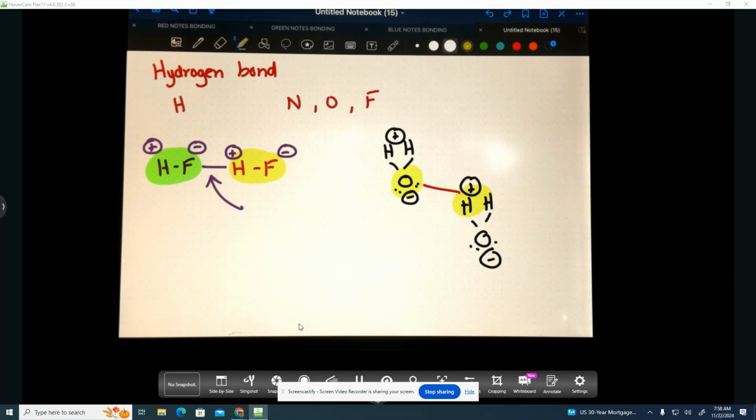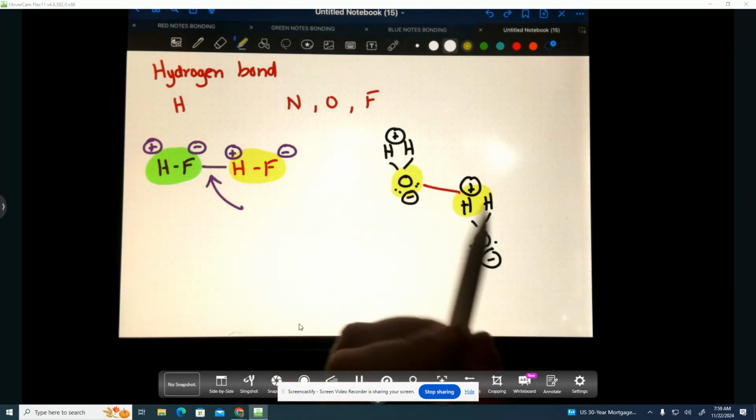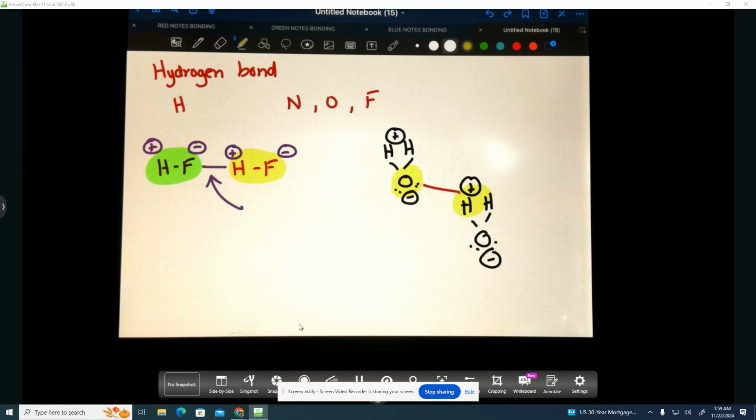Water has hydrogen bonds. And the reason that this is so important is because of those hydrogen bonds, water has extremely high boiling points. In order for water to boil, some of these water molecules need to have enough energy to escape, to leave the rest of the water molecules behind.